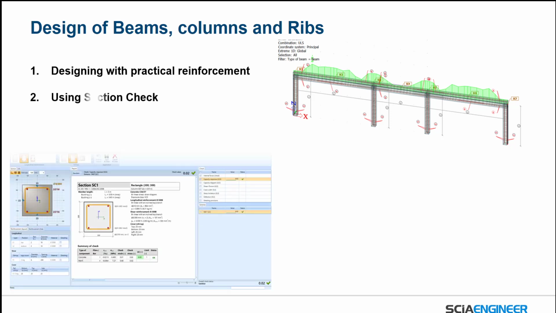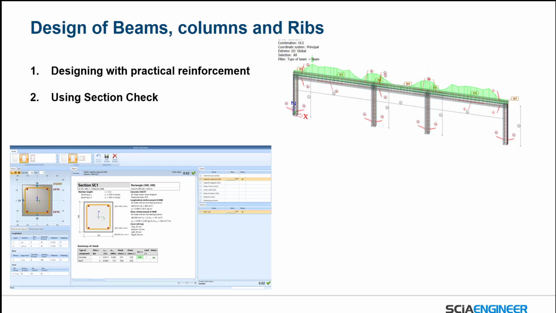The second workflow is for when you have a very complicated situation, or when you have a dangerous or critical cross section with a difficult shape. Then I recommend you use the section check, which is an integrated tool inside SCIA Engineer.